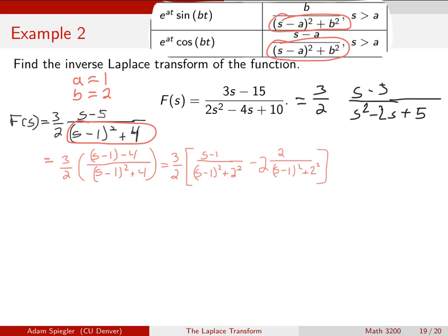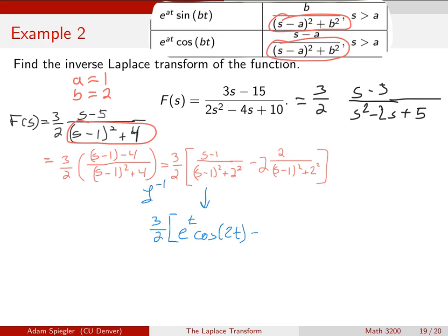But now, once we've got this, and I'm going to apply inverse Laplace transform to everything that we see, then we can pull that 3/2 out from the inverse Laplace transform. And then this first term, the s minus 1 over (s minus 1) squared plus 2 squared, that's e to the a, which in this case is 1, t times the cosine of b, which in this case is 2t.